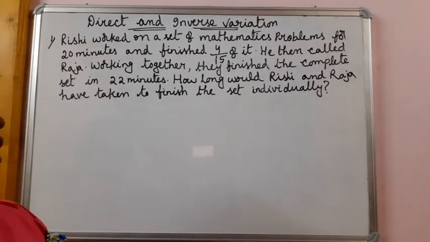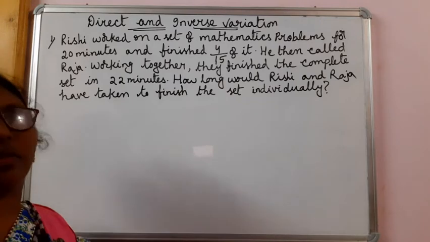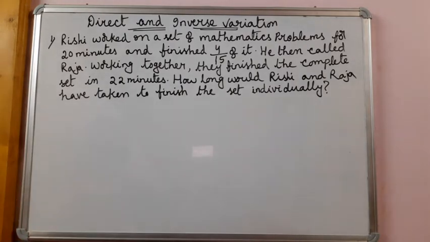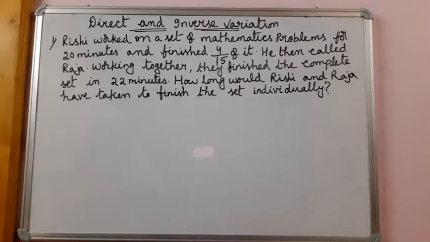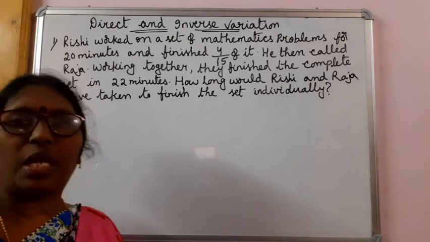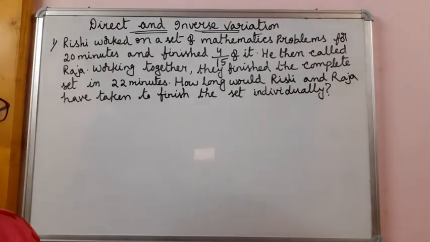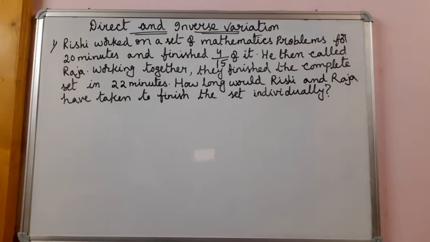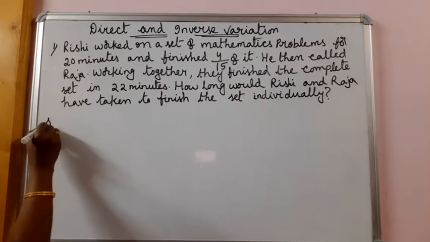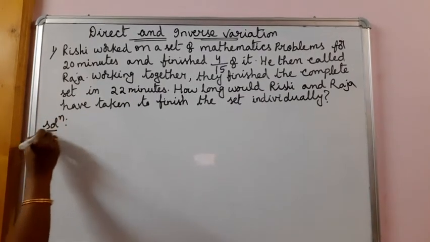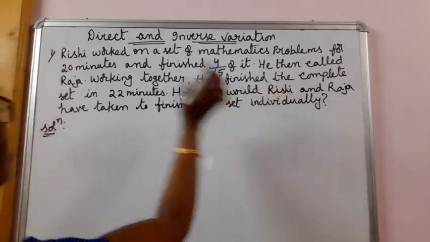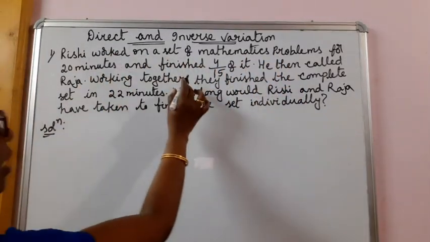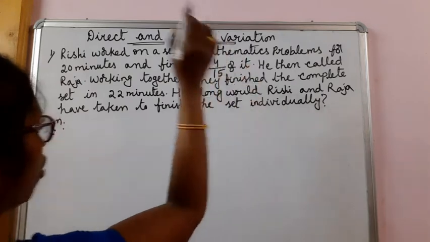If only Rishi would have done alone, how much time would it have taken for Rishi, and also for Raza, if alone they would have done, that we have to find out. Okay? So the first statement given is Rishi worked on a set of mathematics problems for 20 minutes and finished 4 by 15 of it.